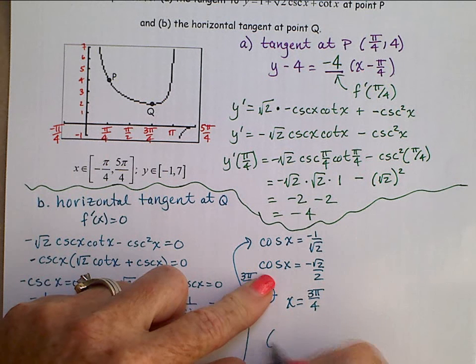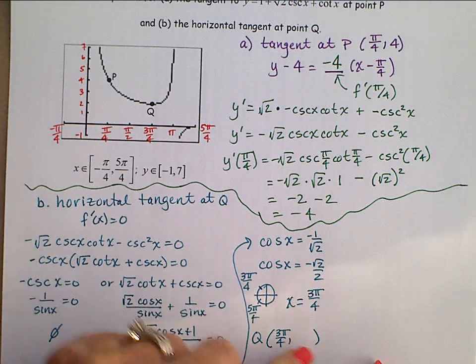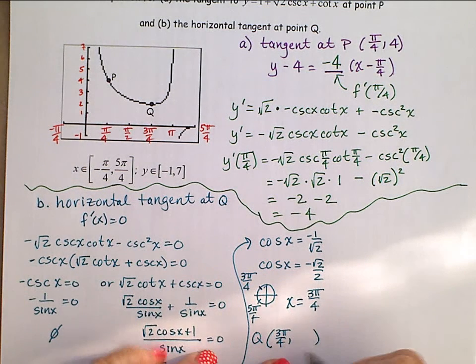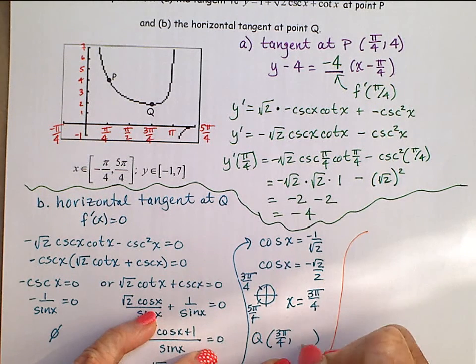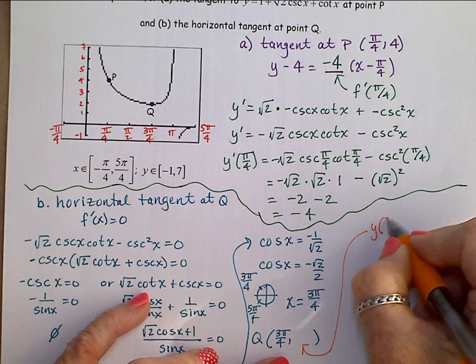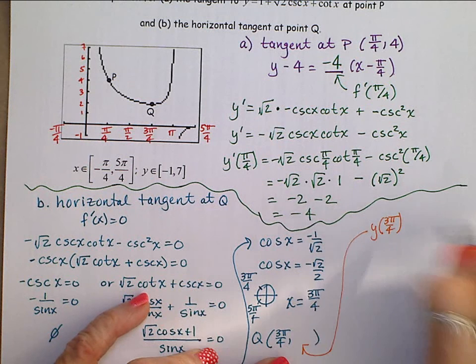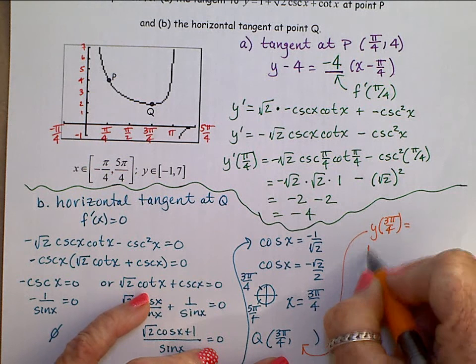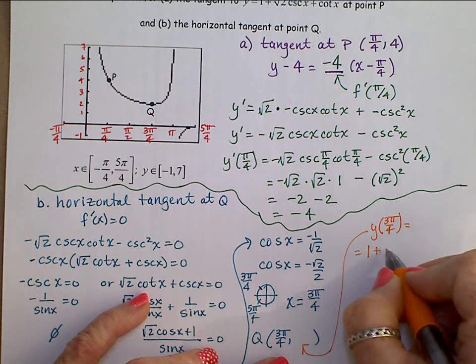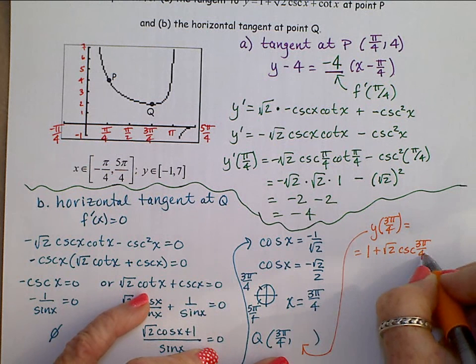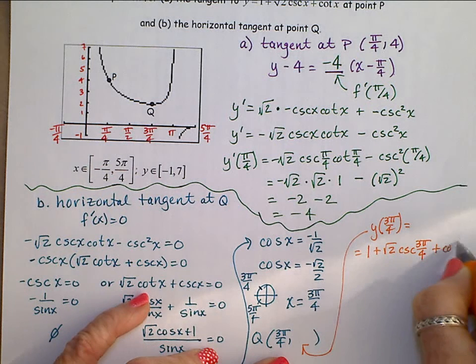So Q now is at 3 pi over 4, comma, something. And you can figure out that something by evaluating the original function at 3 pi over 4. And that is 1 plus square root 2 cosecant 3 pi over 4 plus cotangent 3 pi over 4.